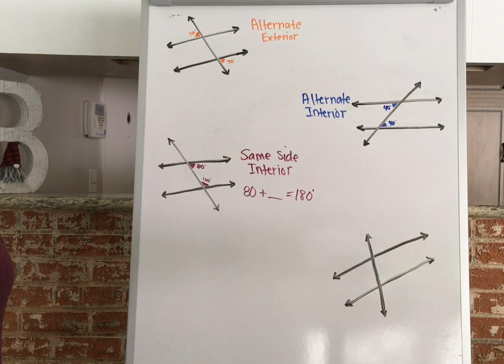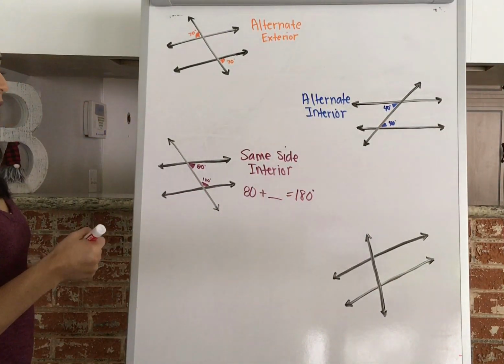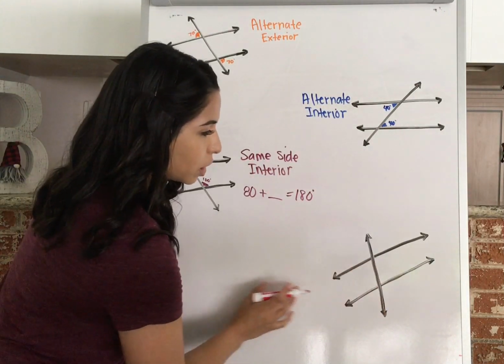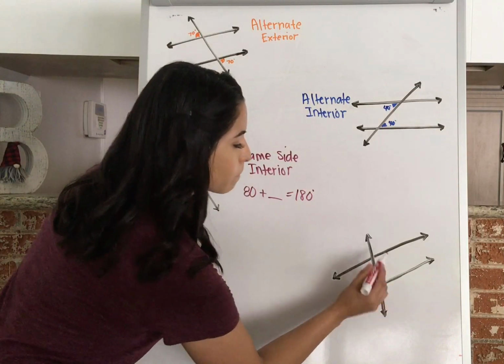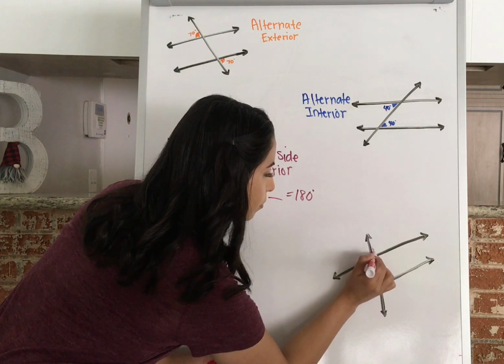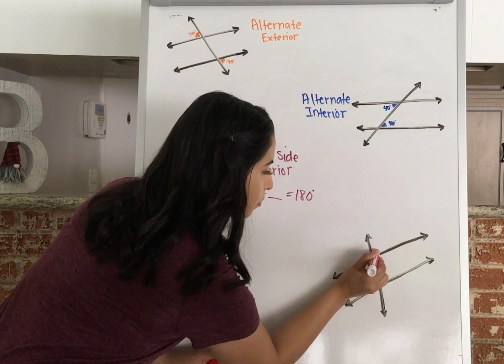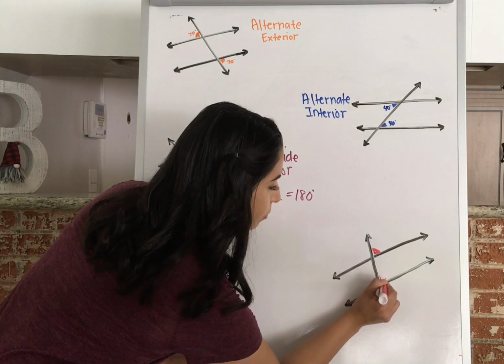Then the last one, people have a lot of trouble with these. They're called corresponding angles. Now here's what they look like. Corresponding angles are kind of like matching angles. So it would be this angle, that angle, and like this angle.